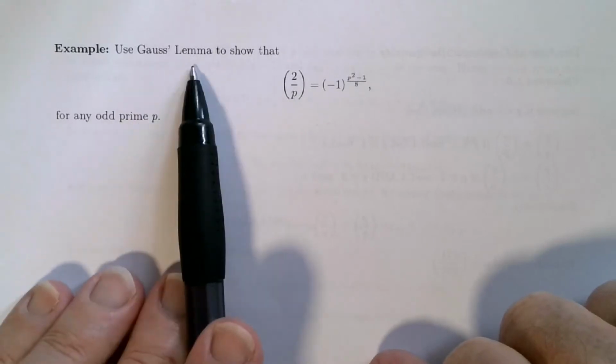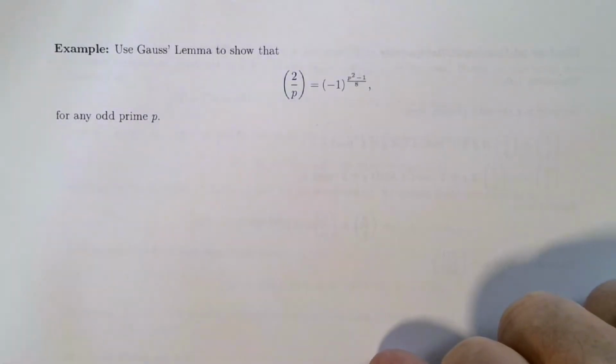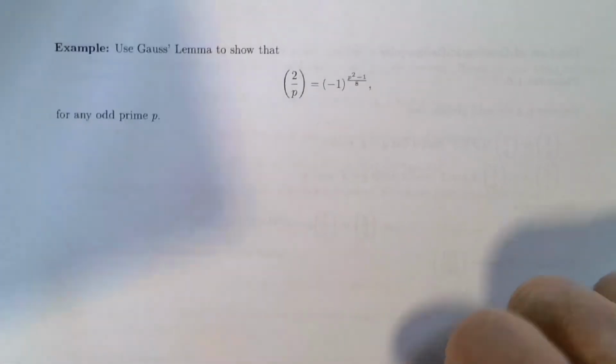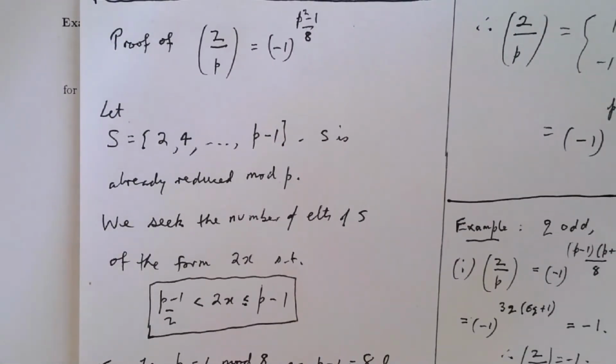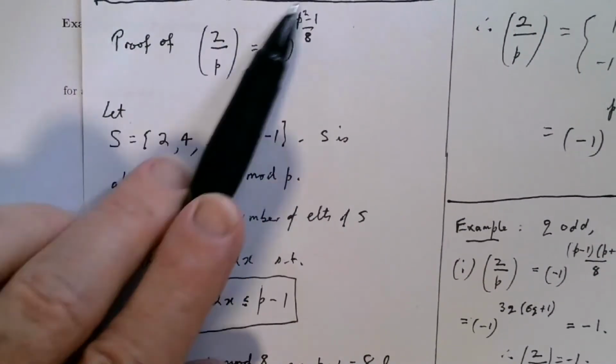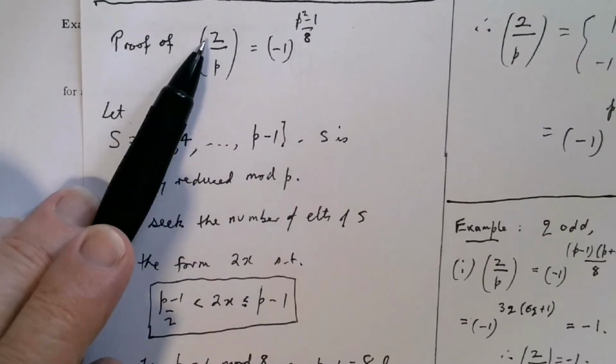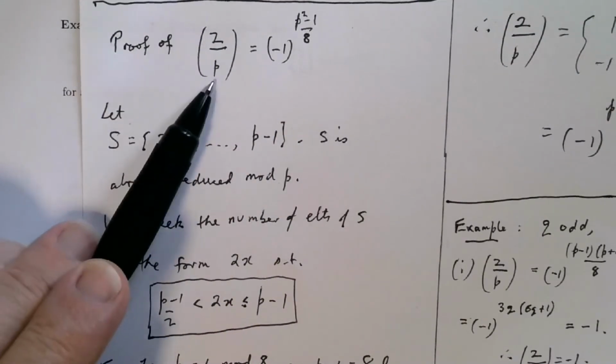It's also a nice application of Gauss's lemma, and it gives us a nice lead-in to the reciprocity theorem. So here's our little proof, where we prove that this formula tells you when 2 is a square modulo p.